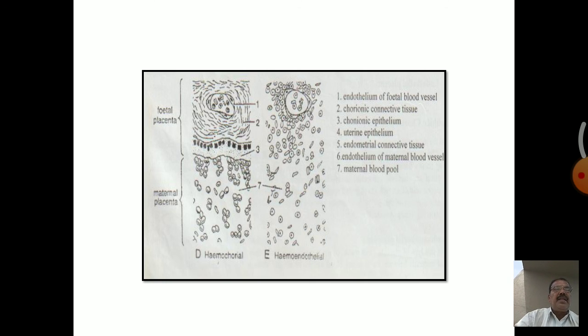The maternal placenta consists of uterine epithelium, endometrial connective tissue, and endothelium. So all six layers are present, and depending upon the presence or absence of tissue layers, placentas are classified into 5 types.